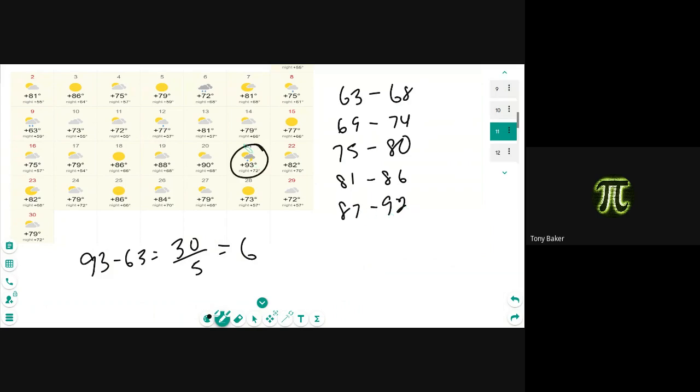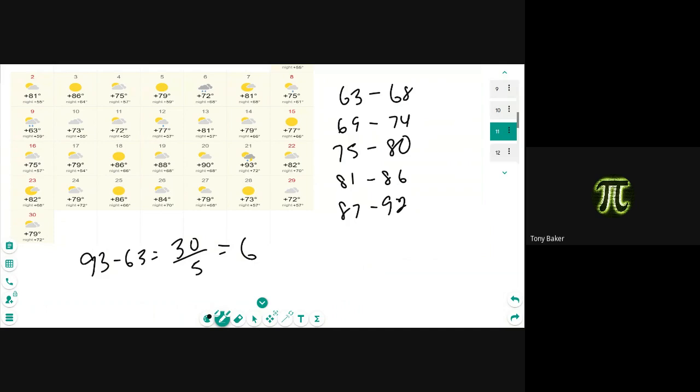I have nowhere to put 93. So that was doing it by 6. If it had come out to be like 5.5 or 5.6, you wouldn't have had that problem, because you would have rounded up to the 6 and it would have been fine. Because it was exactly 6, you have to go up by 1 to make sure I have enough bins for everything to fit into.